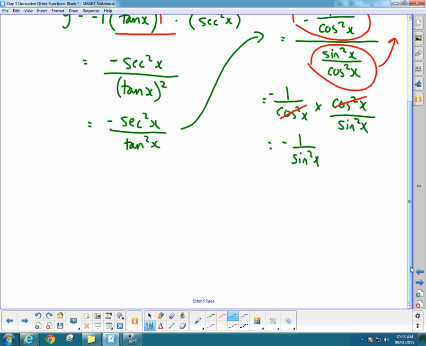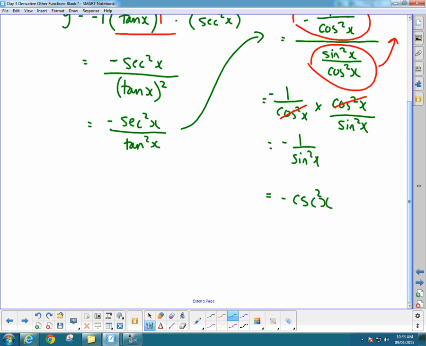I've got a 1 over sine. That's a reciprocal function, and the reciprocal of sine is cosecant. Sorry, I forgot my squared. And notice this negative just tagged along.